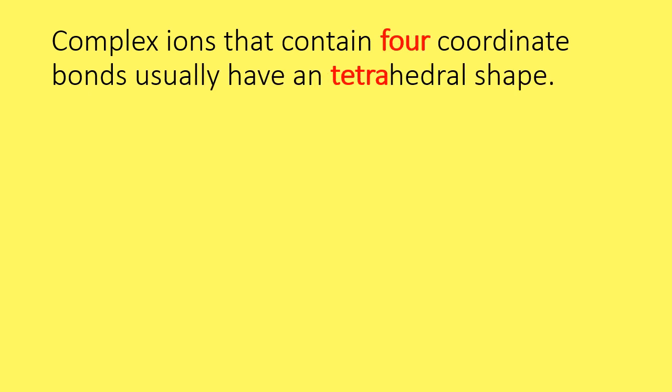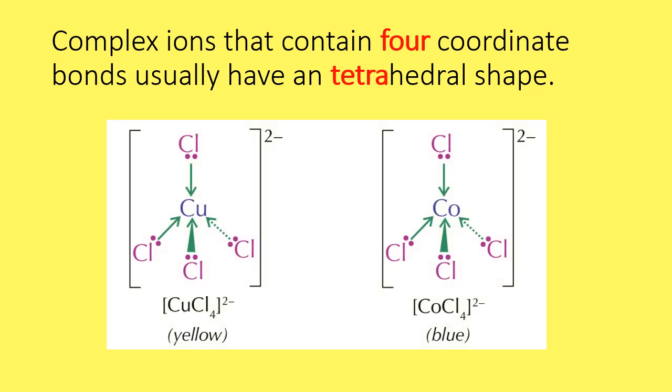Okay, so moving on, complex ions that contain 4 coordinate bonds usually, not always, have a tetrahedral shape. So remember that: 4 coordinate bonds, tetrahedral. Let's have a look at an example. When our ligand is slightly bigger, like chloride, 6 of them can't fit round, so 4 of them fit round instead, and when 4 of them fit round, you usually get a tetrahedral shape.